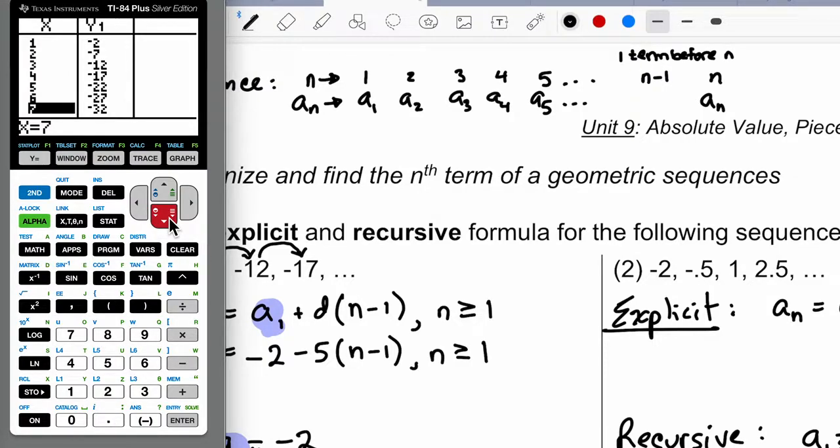All right, one term before n. So that would be a sub n minus 1. Then you could also have n plus 1, so n plus 1 is your location. The term occupying that position would be a sub n plus 1. That would be one term after n.